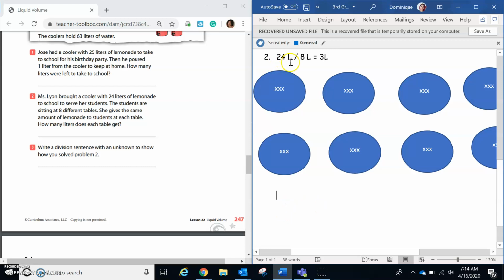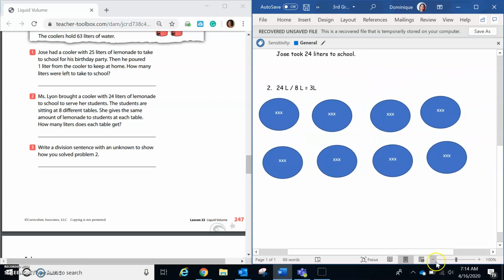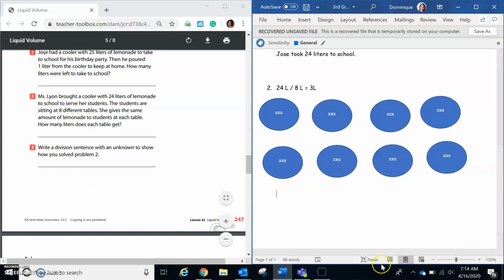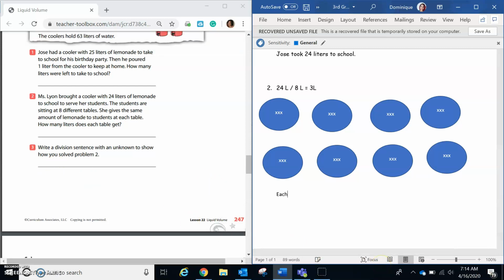So 24 liters divided by 8 gives us 3 liters. Remember, guys, you can always draw a picture to help you. Best way. So for my answer on the line, I would put each table gets 3 liters of lemonade.